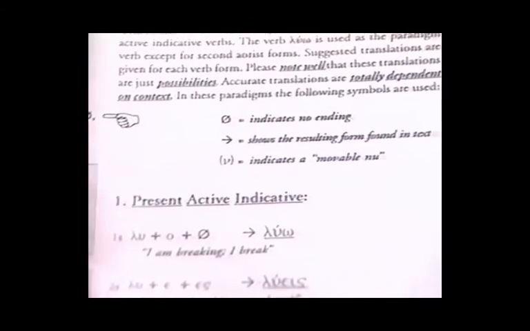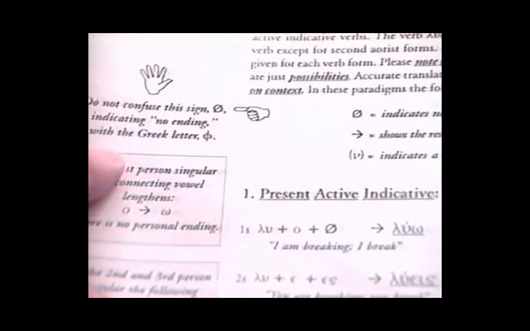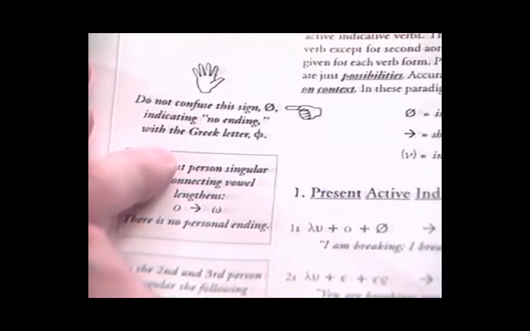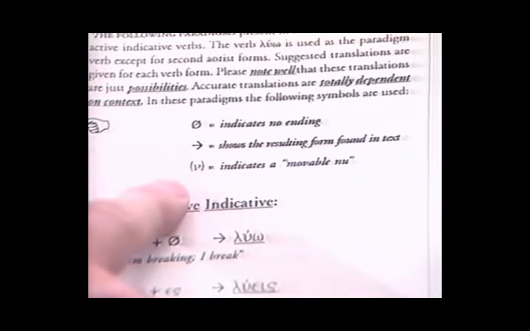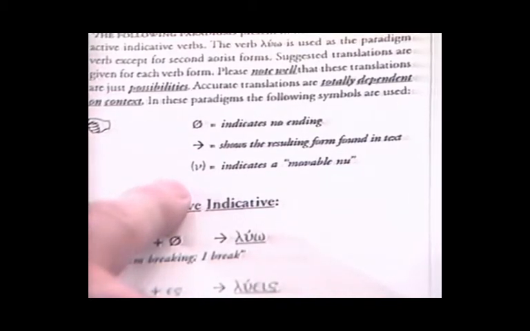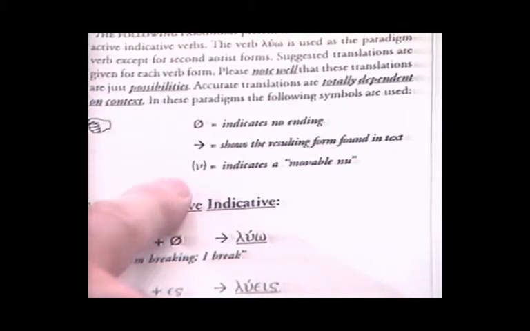Watch out, though, that you do not confuse them with the Greek letter phi. An arrow shows us the resulting form found in the text. And a nu within parentheses indicates a movable nu. Remember that sometimes this nu is present and sometimes it's not.